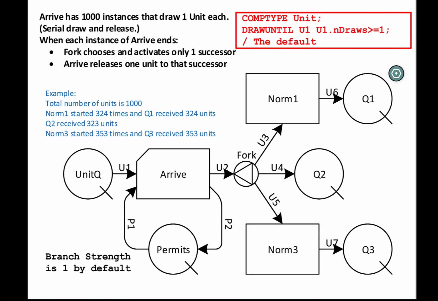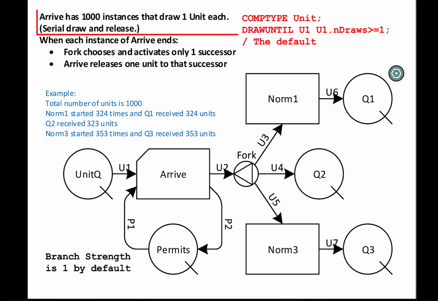This model also uses characterized resources. It is very similar to the previous model, except that the expression for draw until now is the default, which allows link U1 to draw only one resource from the preceding Q unit Q. As a result, activity arrive will be able to create 1000 instances, each of which will contain one unit.